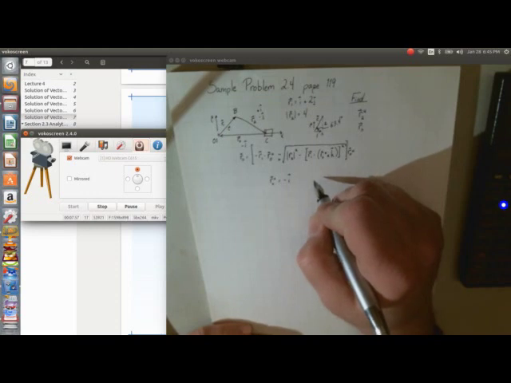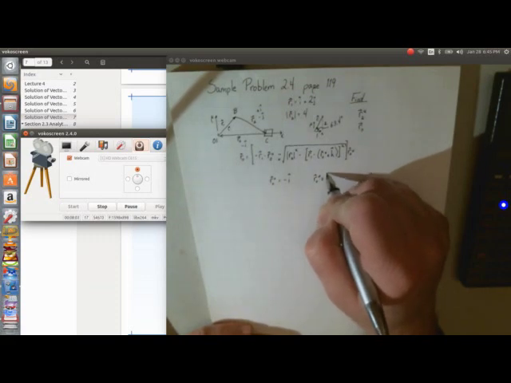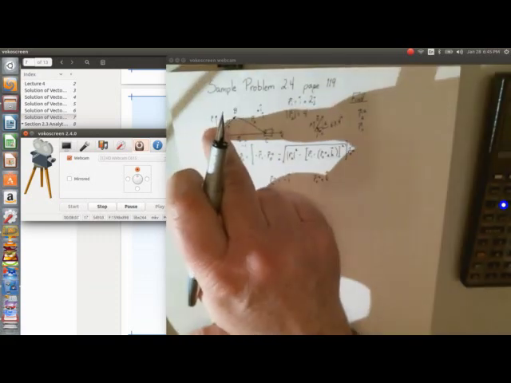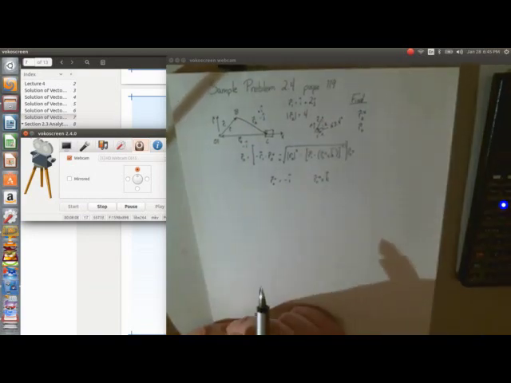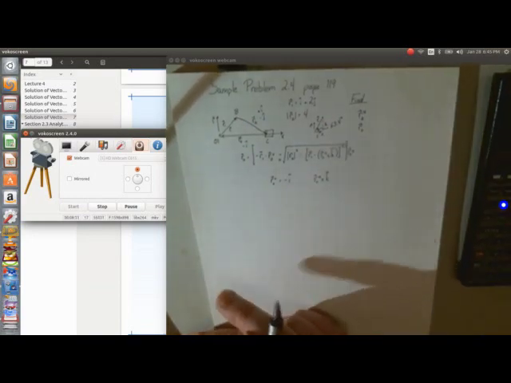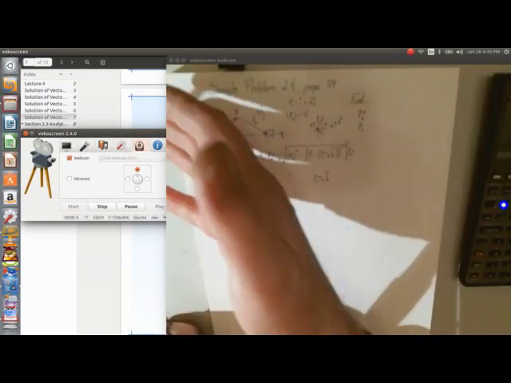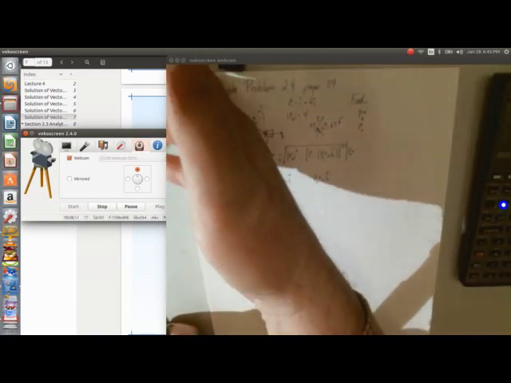The cross product of r sub 0 u and the unit vector k, so k is coming out of the sheet. If I take that cross product, r sub 0 u and k, it's going to cross like this.